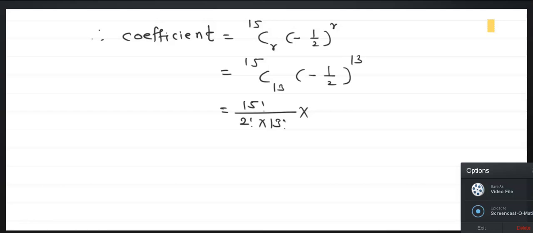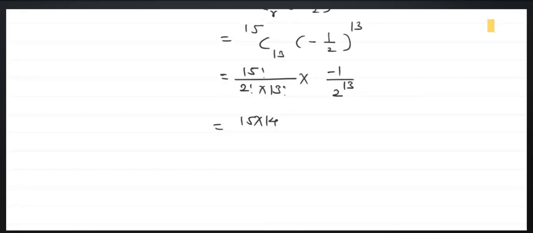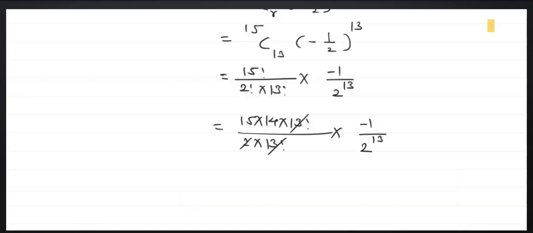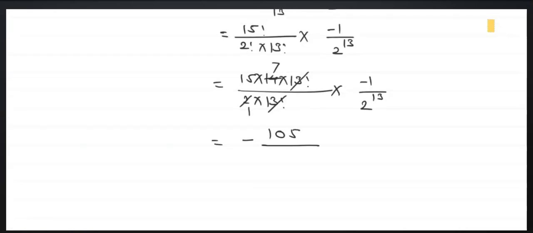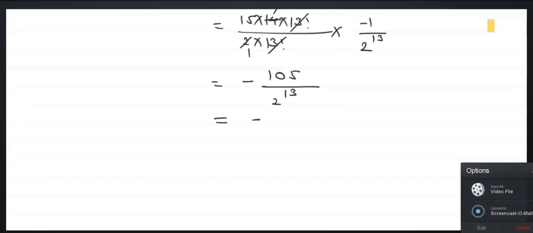Overall, you will get the minus answer. These terms get cancelled, that is 13 factorial gets cancelled. Expand 15 factorial as 15 into 14 into 13 factorial. These two terms get cancelled. Now this is minus 105 upon 2^13.